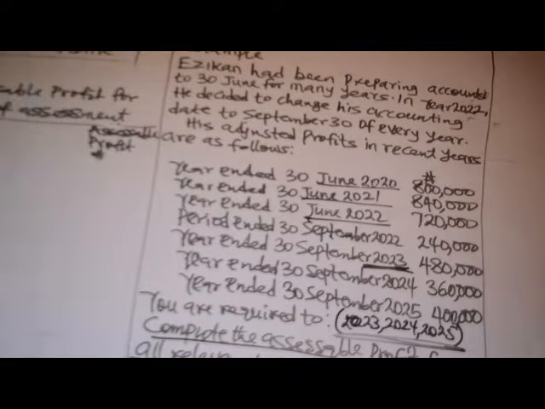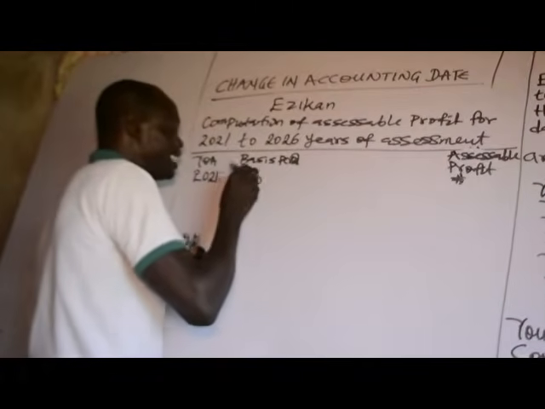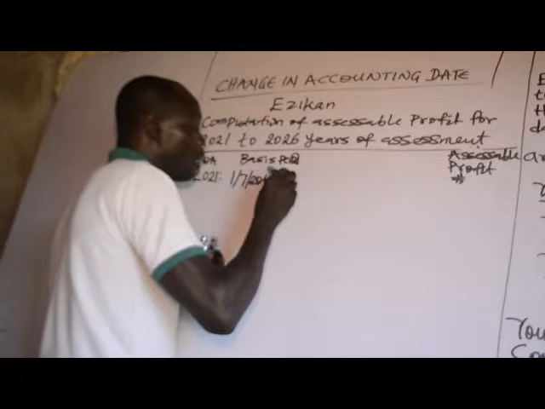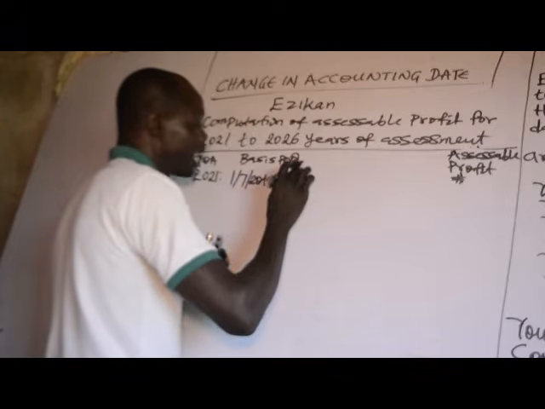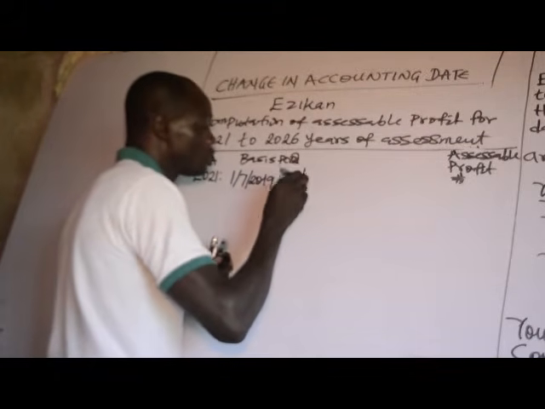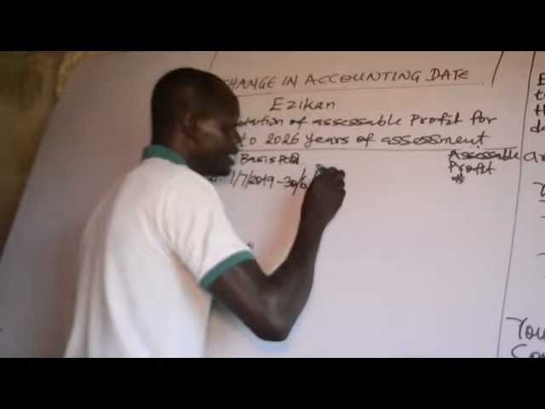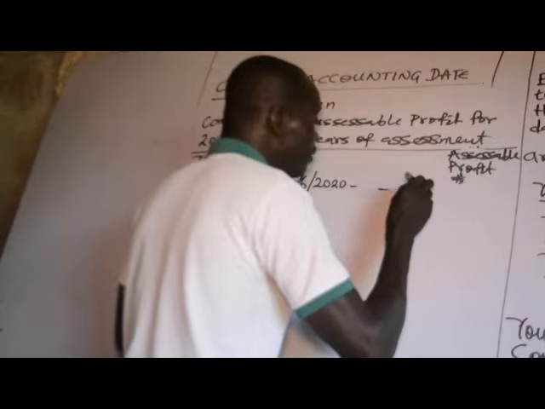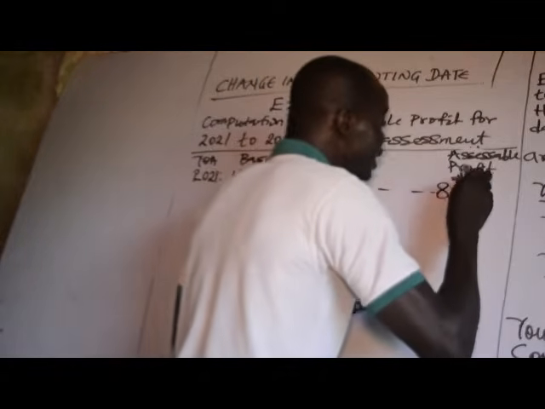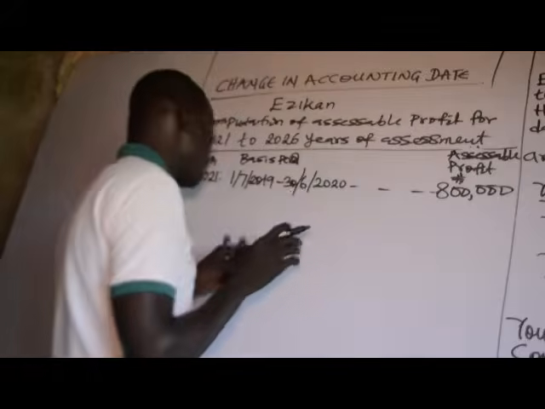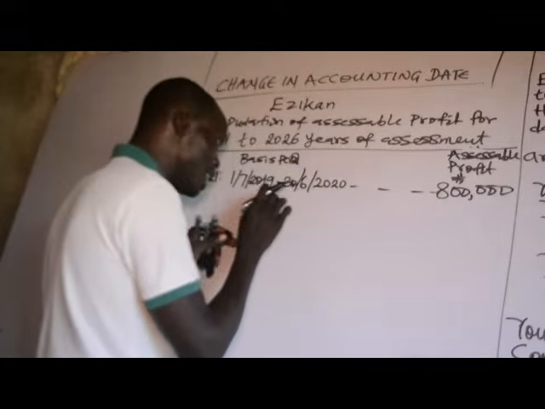So the basis period will be 1st of July 2019 to 30th of June 2020, and the assessable profit for that period is 800,000. I'm not solving for changes in accounting date yet.